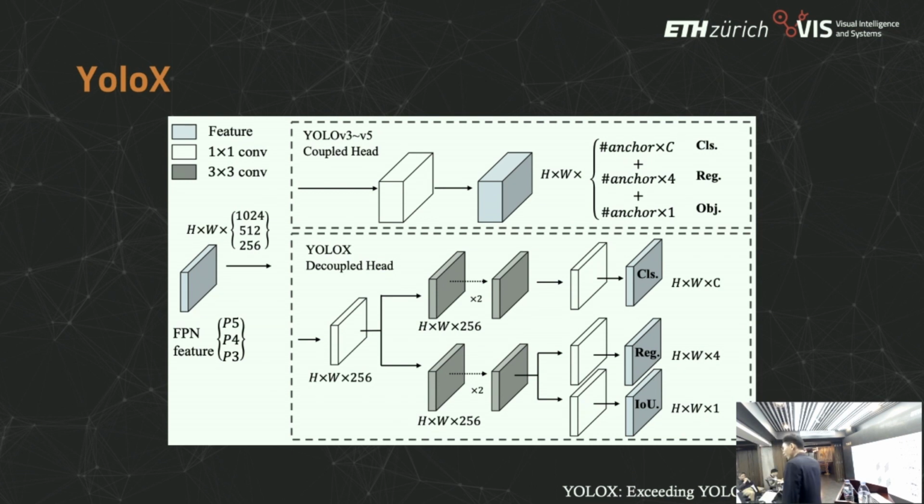This is also related to multitask learning. In some cases, when we put two tasks onto one feature map, they can conflict with each other. Sometimes they help each other. In this case, it turns out that classification and bounding box regression are two conflicting tasks.